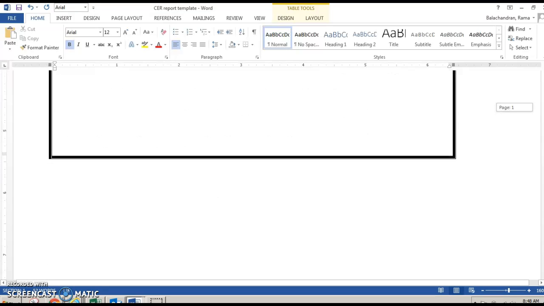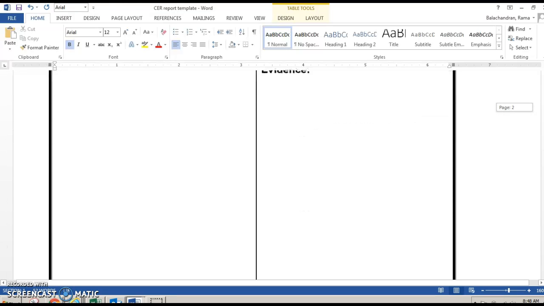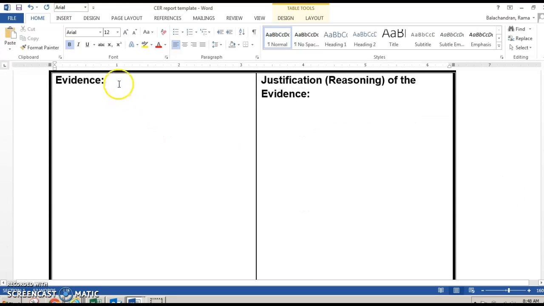Okay, now let's move down to our next column, which is evidence. What does evidence mean? When you do the lab in the virtual setting, you are going to collect real data about how much time the car took to go down the ramp, and you do that for 3 trials. So your evidence is your numerical data that you collected.